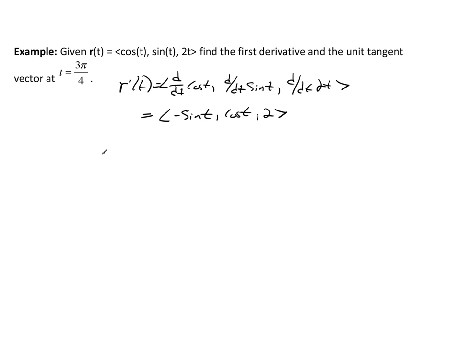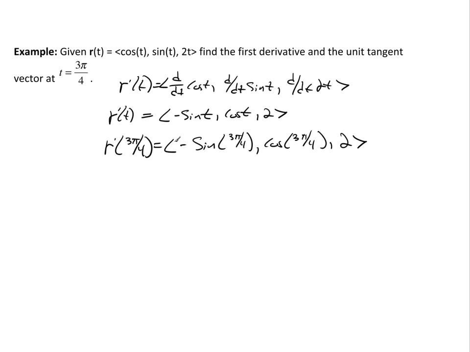Now, specifically at 3 pi over 4, I need to find r prime of 3 pi over 4, which is equal to negative sine of 3 pi over 4, cosine of 3 pi over 4, 2.